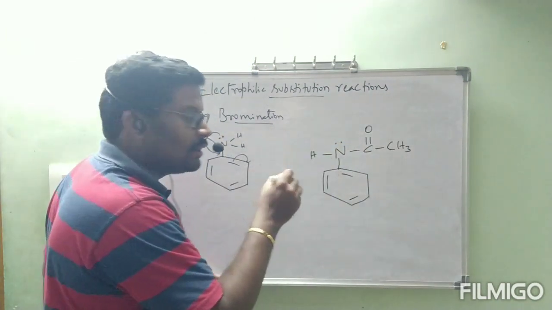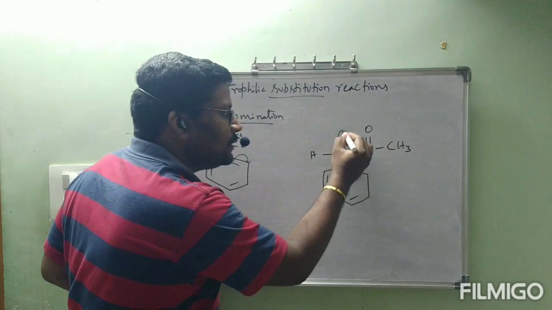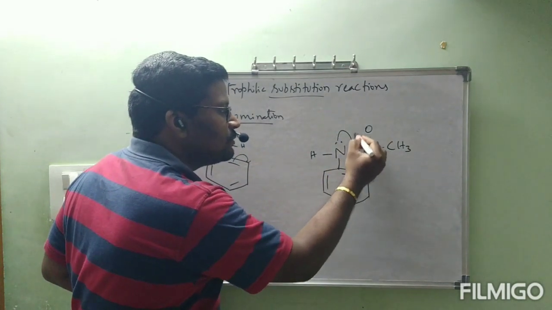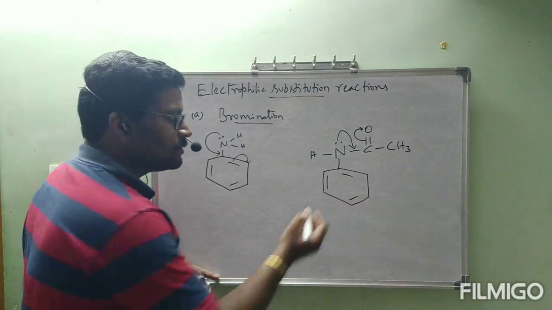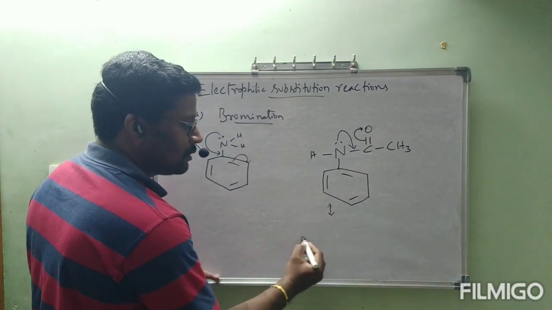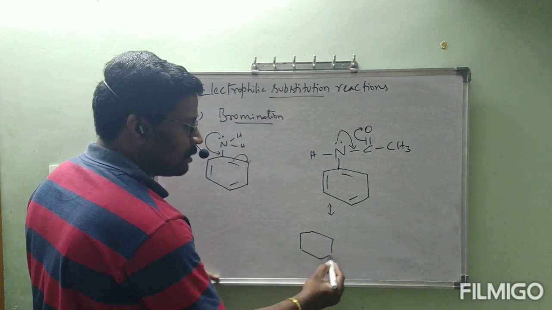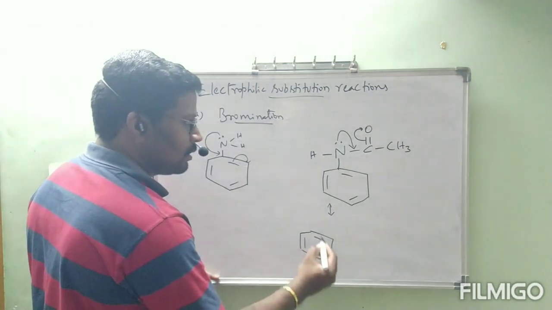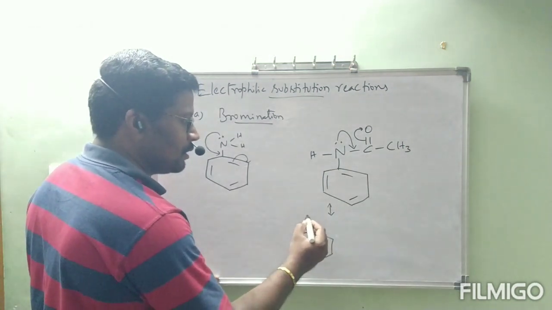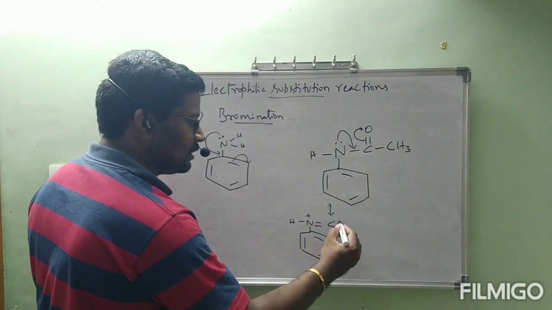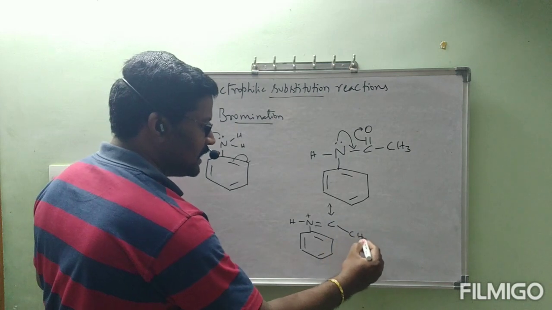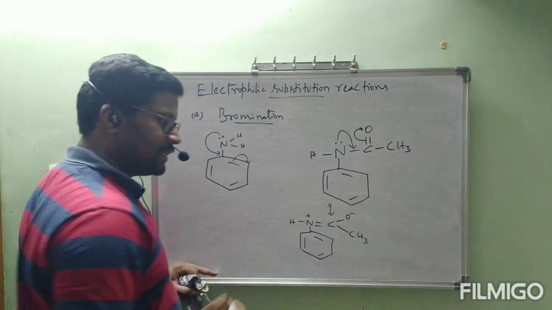At the same time, it is available to the acetyl group also. Then this will show N plus double bond C, CH3, O minus.